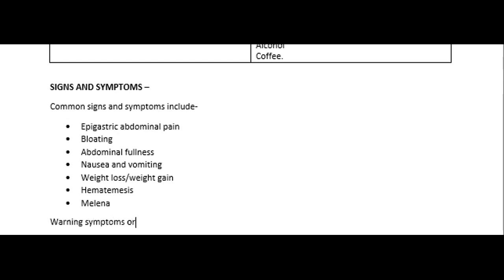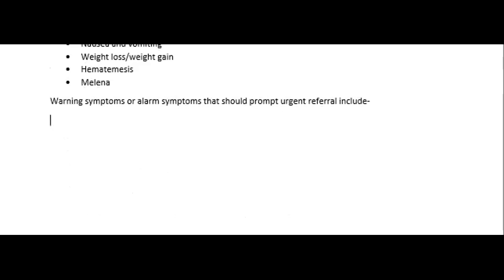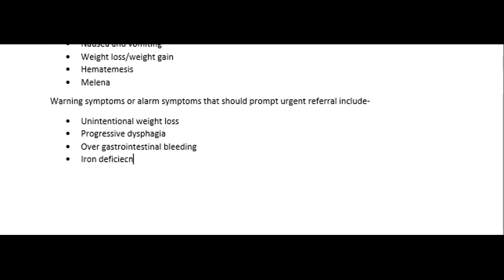The warning or alarm symptoms that should prompt urgent referral include unintentional weight loss, progressive dysphagia, overt gastrointestinal bleeding, iron deficiency anemia, recurrent emesis, and a family history of upper gastrointestinal bleed or malignancy.